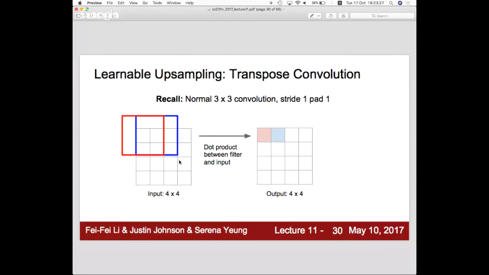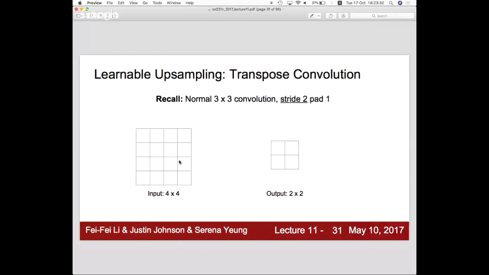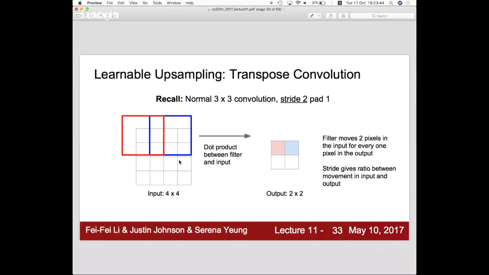We move the kernel and we can calculate the output. Here, if we want to squeeze the image and get the feature, we can say the stride is 2 and pad is 1, and as we move the kernel, we calculate and get the output.